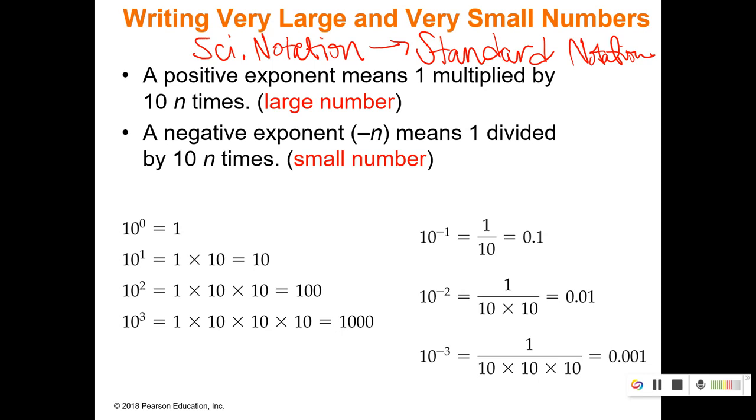Okay, the negative exponent means it's a very small number, so you're dividing by 10 to that number, and those will always result in a smaller number when you've got that negative exponent.